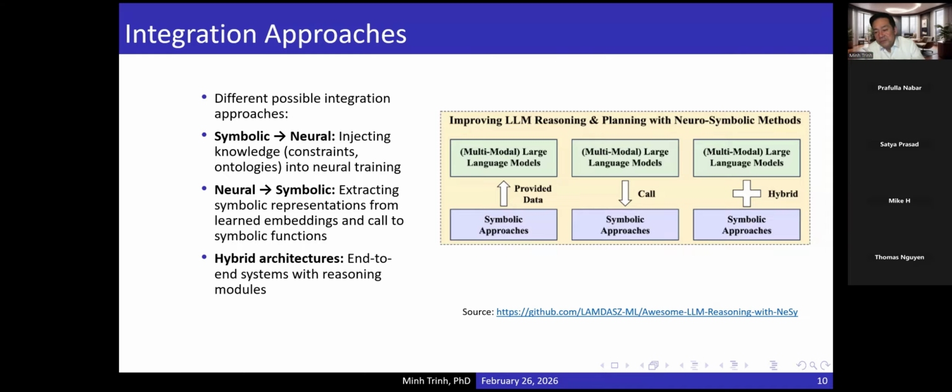Another approach is for neural networks to call a symbolic system. Let's say there's a symbolic system that works pretty well, like Lean, and the network sends commands to Lean and gets the results back. This is another approach. And then the hybrid architecture is end-to-end, so everything is integrated into one system.